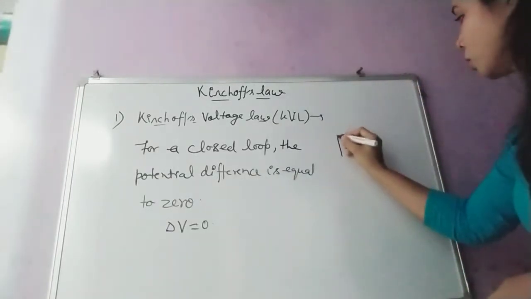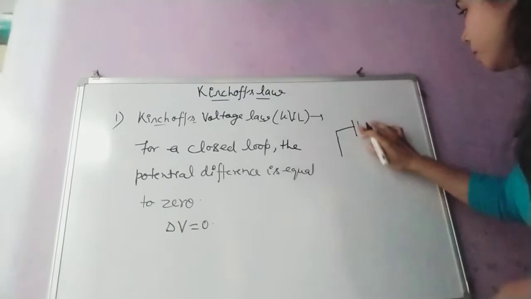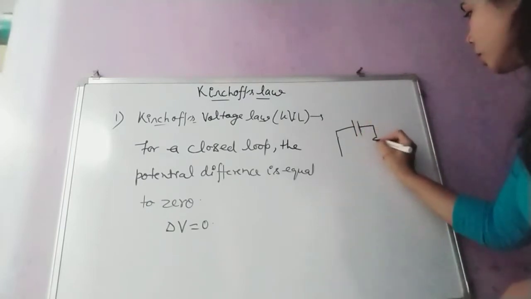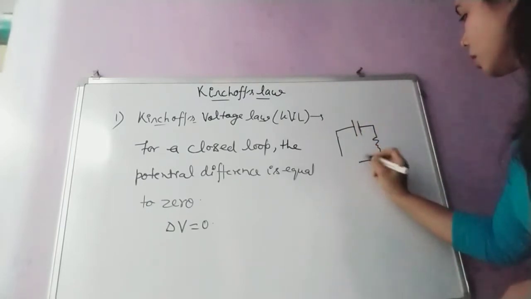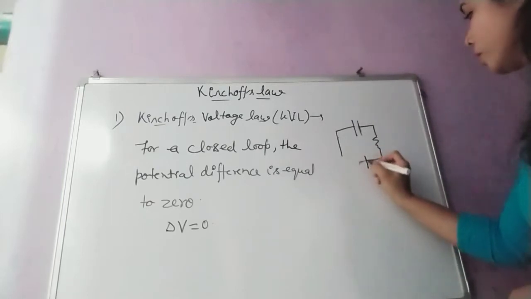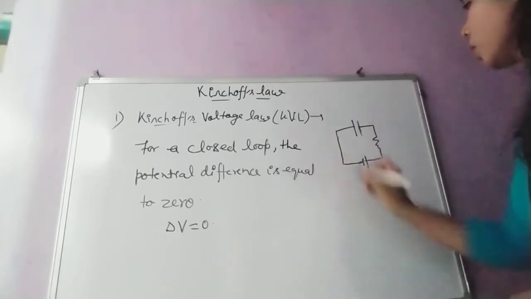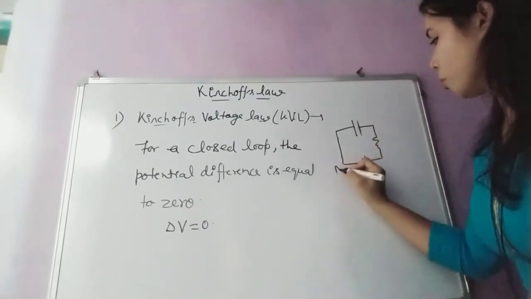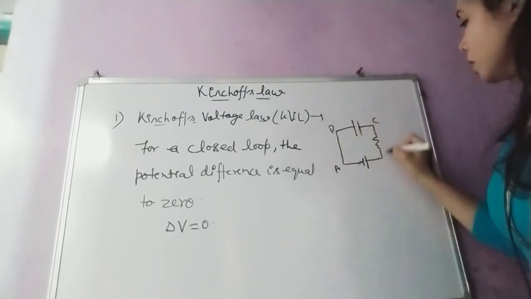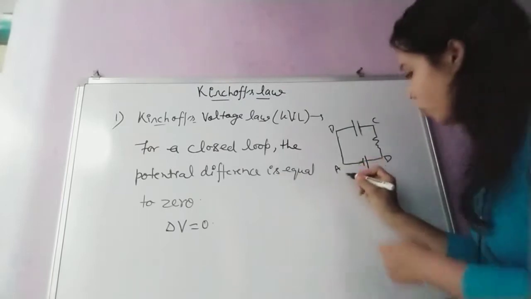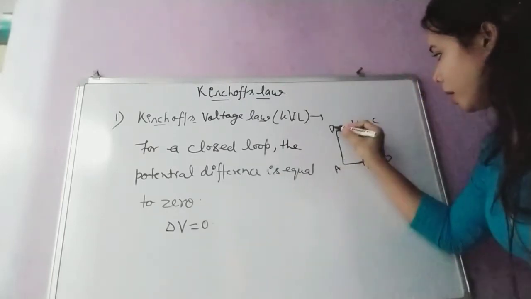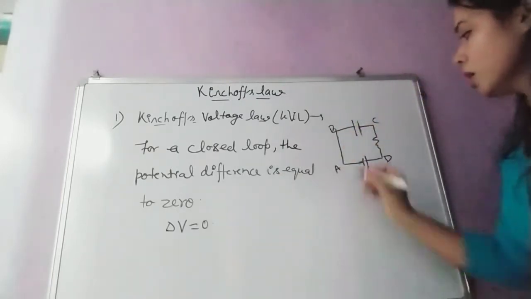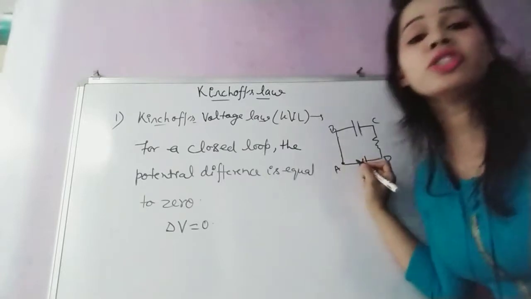Suppose I am taking this closed loop. This is a cell, a resistance, another cell. Now see, if I am moving from point A, B, C, D, and then A, for this closed loop A, B, C, D, A, what is the potential difference?